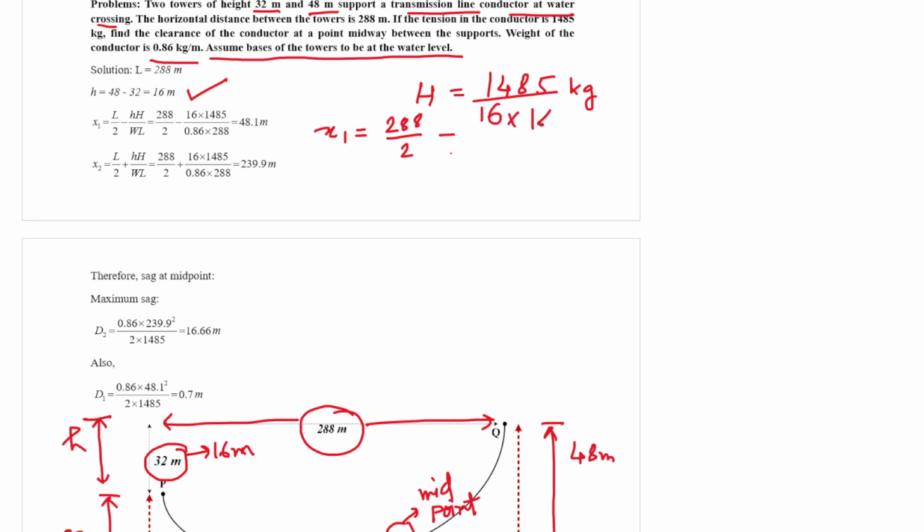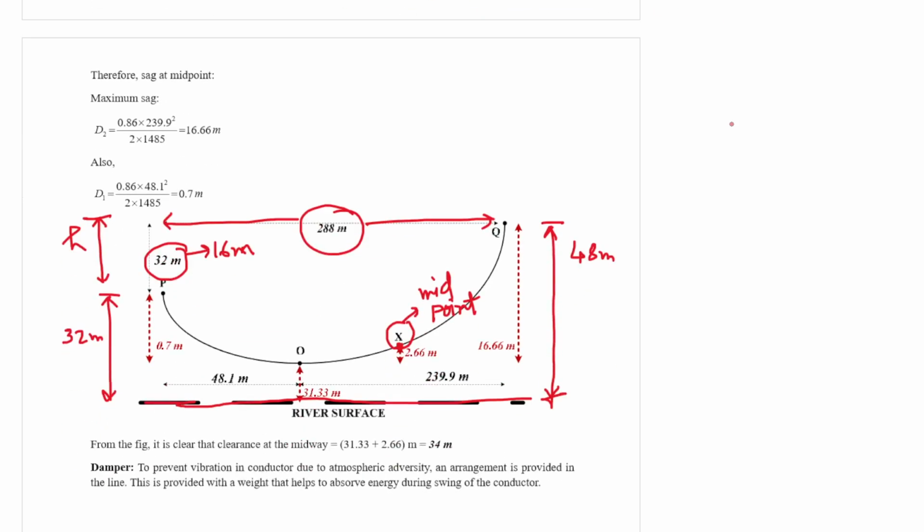So 16 into 1485 divided by W, which is 0.86 kg per meter, into L, which is 288. If you solve this, it is 48.1 meters. So this distance is basically 48.1 meters.